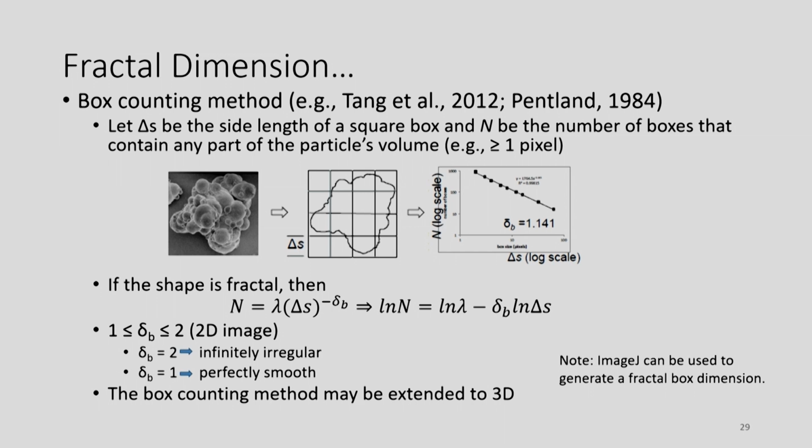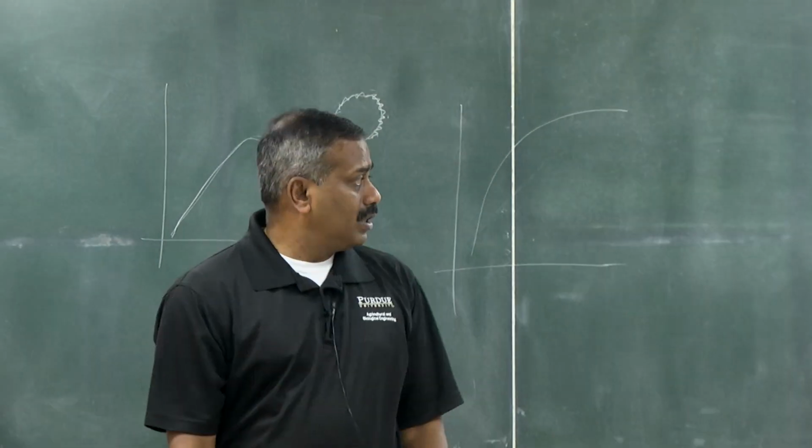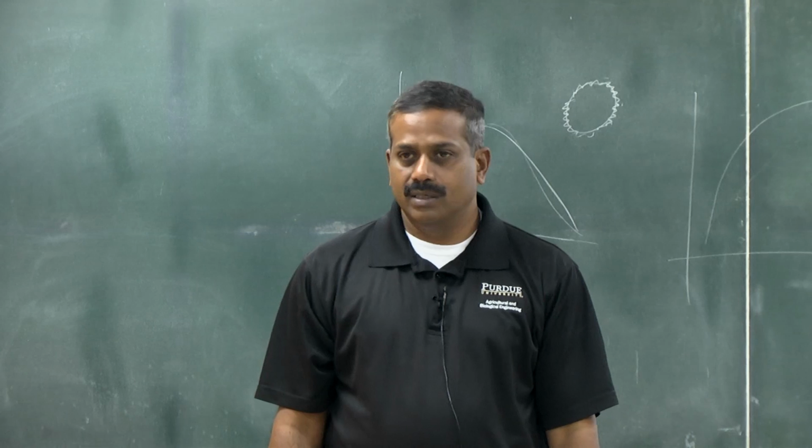Again, very similar to the yardstick method: if it's close to 1, it's perfectly smooth. If it's close to 2, it's a highly irregularly shaped particle. Okay.